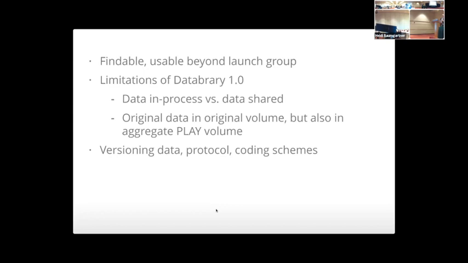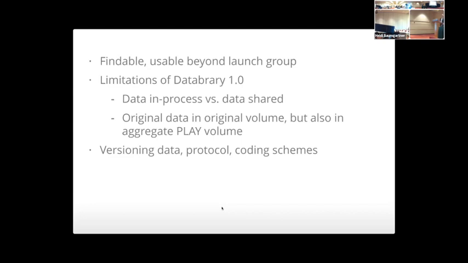And also how do we represent the provenance and give due credit to labs that have collected data, put it in their own, what we call a Databrary volume or project, but at the same time are reflected in this broader collection. We're still working through those, and some of them may actually involve a new version of the software.